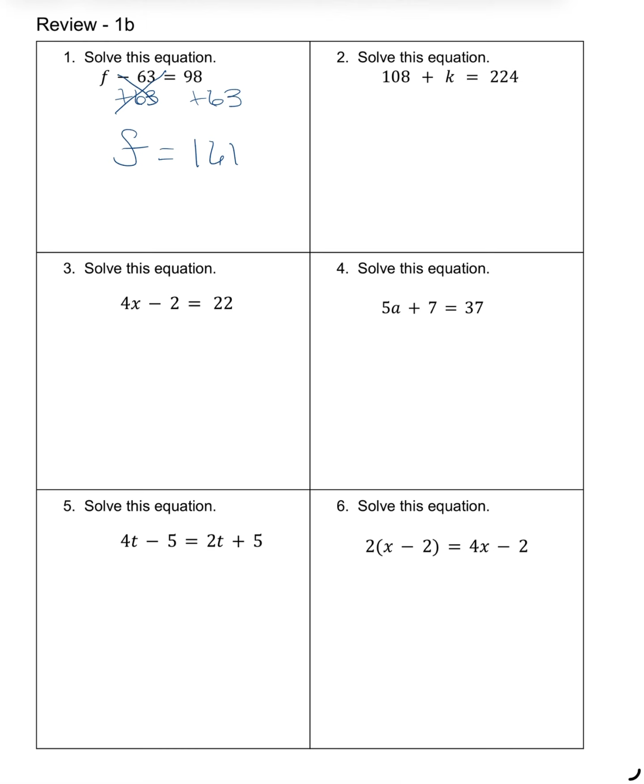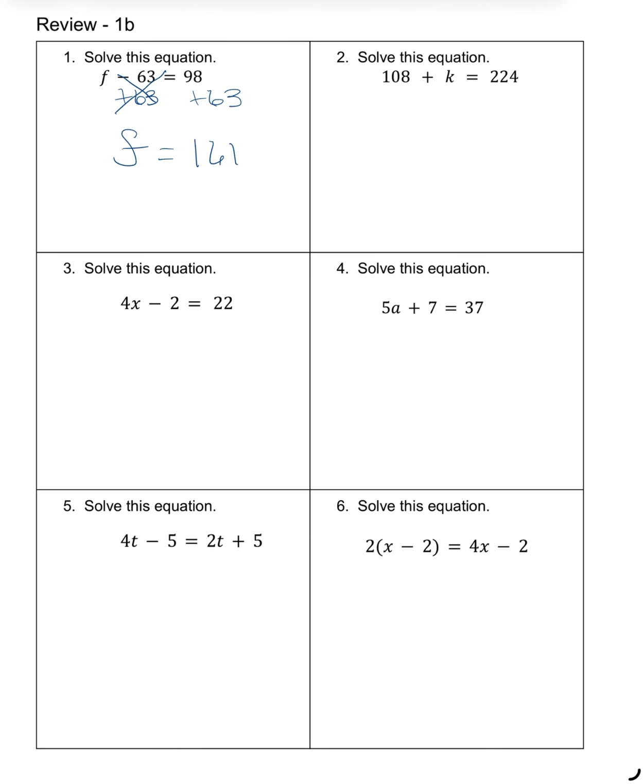Same concept with question number 2. We find our letter. In this one, the letter is K, and K and 108 are being added together. That's the only thing that's happening on that side of the equal sign with the letter K. So one thing happening, addition, means it's a one-step equation. But remember, with addition, we can move our terms around on one side of the equal sign.